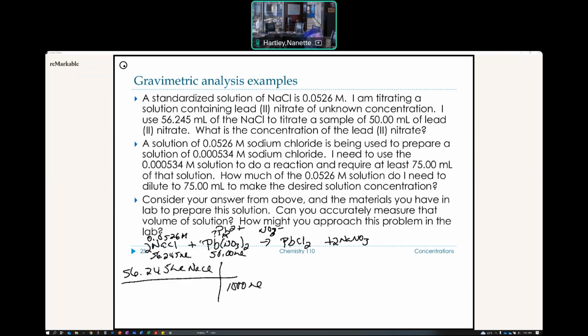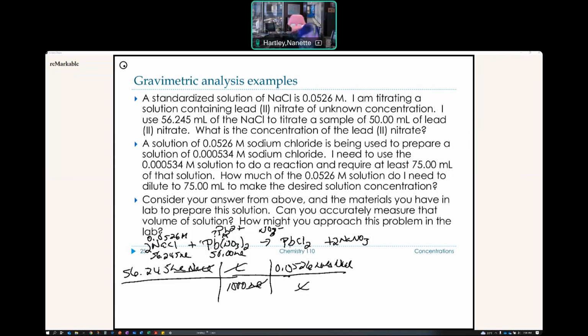1,000 milliliters in a liter. I have 0.0526 moles of NaCl per liter. Liters cancel.